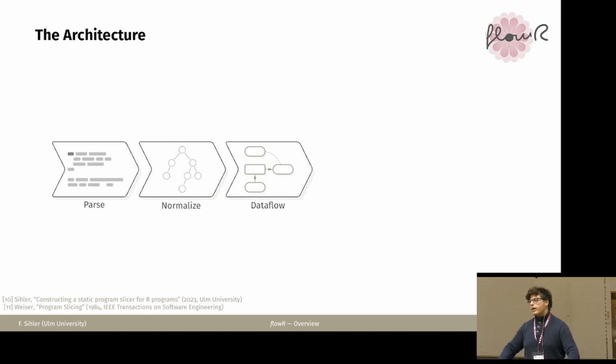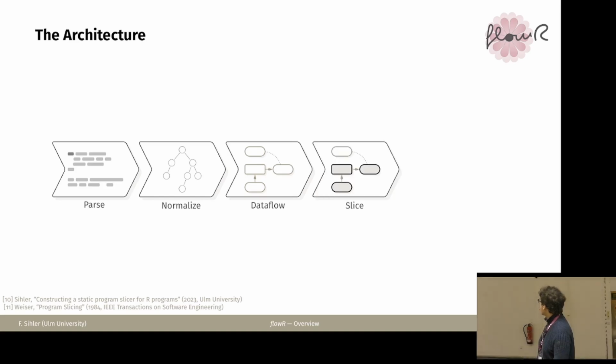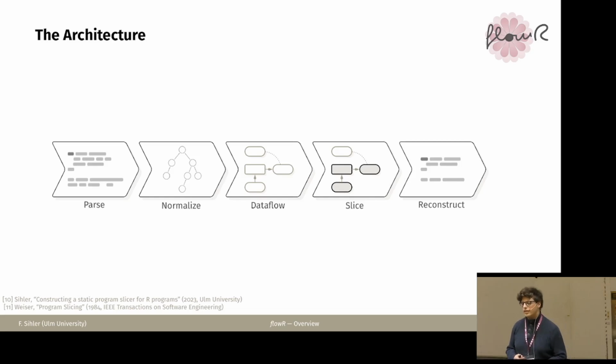If you've never heard about data flows, it's essentially this: you have variables in your code and you have definitions which define values for these variables, and the data flow graph tells you this variable refers to this definition, depending on the condition of this, whatever, if conditional, what you're using. And so we have a big graph. And then what we can essentially do is calculate the slice on that graph as a reachability problem and reduce the program to whatever is necessary, which is then called the slice.